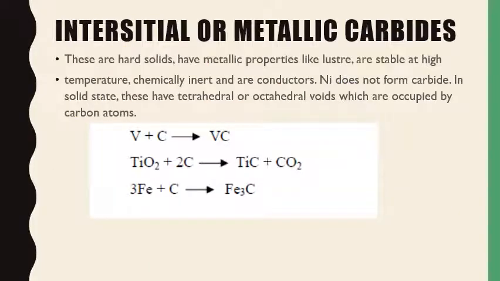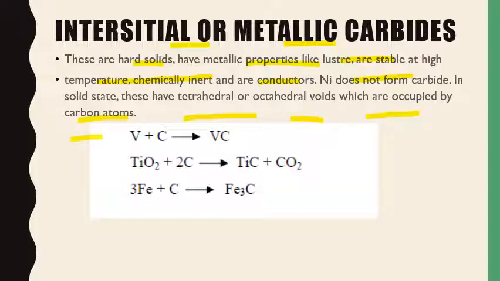The next carbide is the interstitial or metallic carbide. As we can understand, this type of carbide has metallic properties. These are hard solids with metallic properties like luster, stable at high temperature, chemically inert, and are conductors. Nickel does not form the carbide. In the solid state, these have tetrahedral or octahedral voids, which are occupied by the carbon atoms.